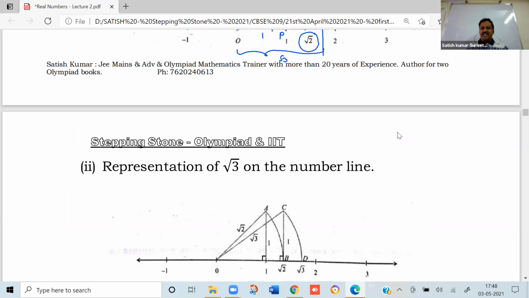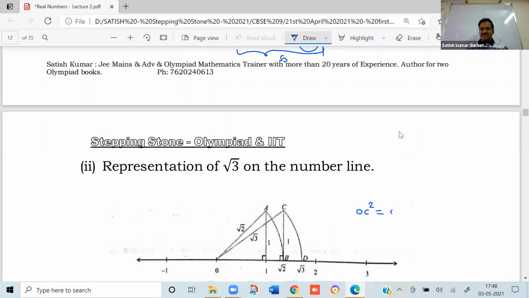Again, using the right angle triangle property, OC square equal to OB square plus BC square. So OC equal to square root of OB square. OB is root 2, so root 2 whole square, which is 2, plus BC length, which is 1 we have taken. So it will be root 3. So OC length is now root 3.